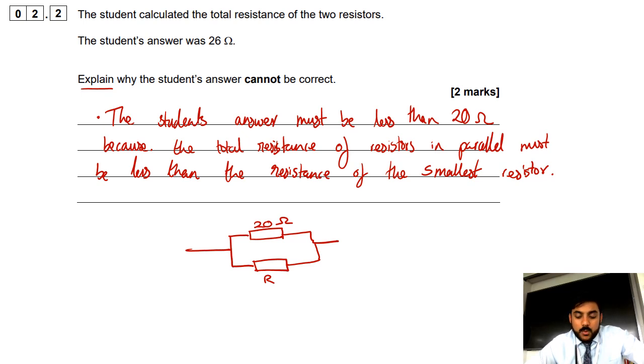This is because when you add resistors or any branches in parallel, you are adding another pathway for the electrons to flow. More pathways for the electrons to flow means the rate of flow of charge, current, is higher. If the current is higher, that means there must be less resistance. When you're adding more pathways, you're decreasing the total resistance.